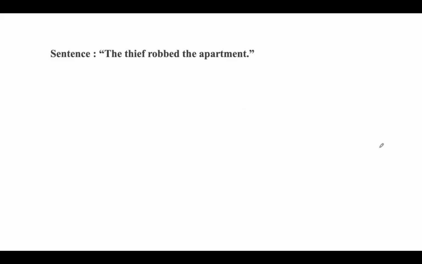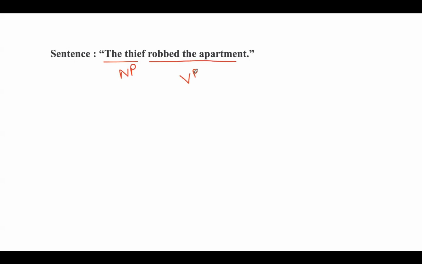So let us see this example. The given sentence is, the thief robbed the apartment. Suppose this is our sentence. Here you can see the thief is a noun phrase, and robbed the apartment is a verb phrase.